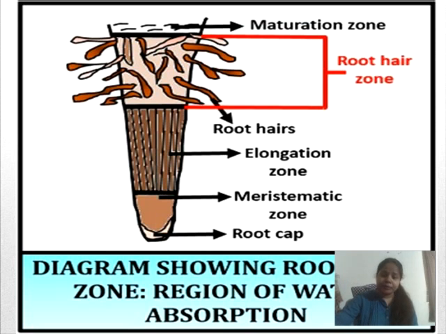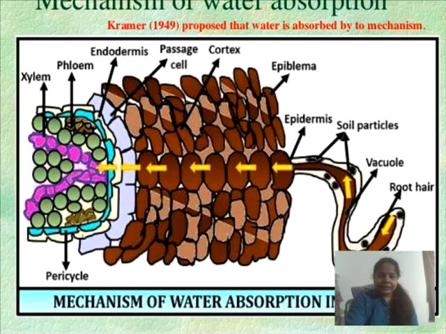Now we come to the point, that is, what is the pathway? Pathway of water through the root cells, cell to cell movement of water. How does this occur? The pathway of water from root hair to the xylem elements in the roots is shown in the given figure.